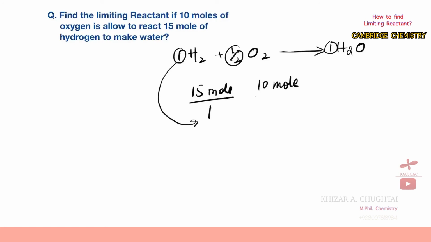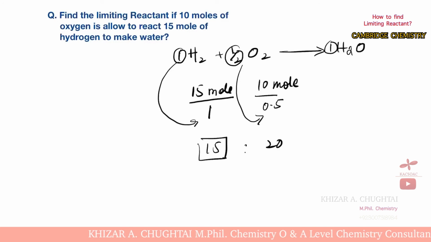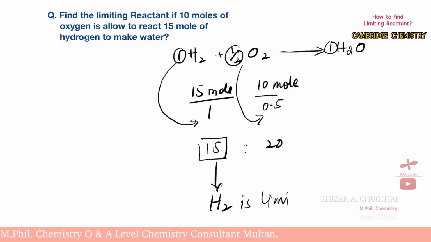And for oxygen, we are using 10 mole, divided by the moles from the equation for O2, that is 0.5, half mole. The answer for hydrogen is 15, and for oxygen it is 20 moles. So 15 is the smaller number. The smaller answer will announce the limiting reactant. So in this case, H2, hydrogen, is the limiting reactant.